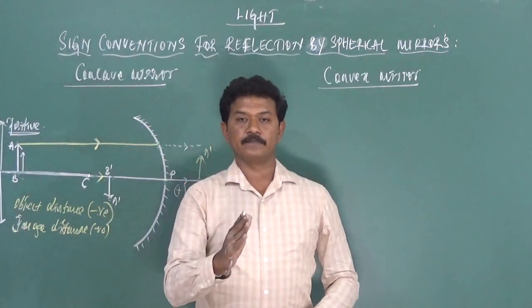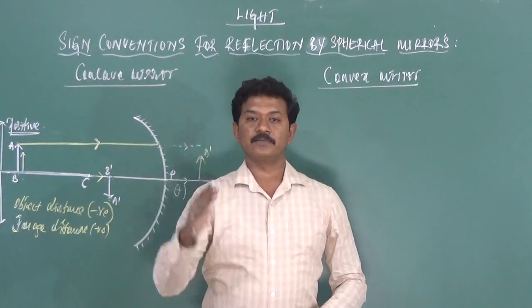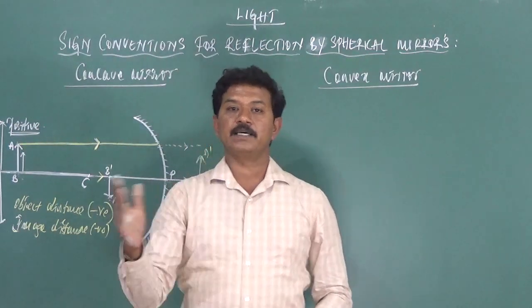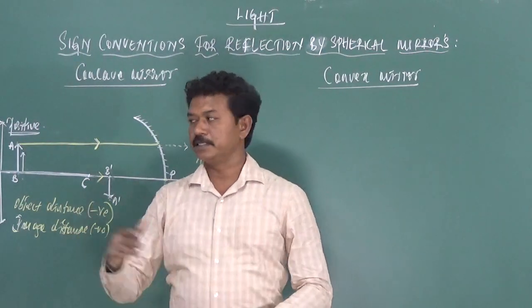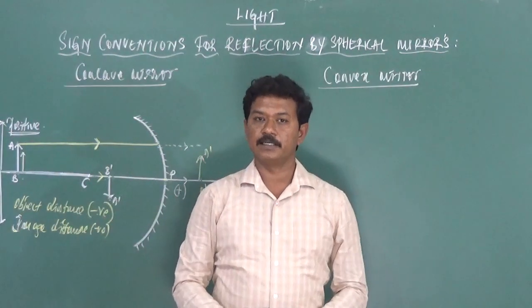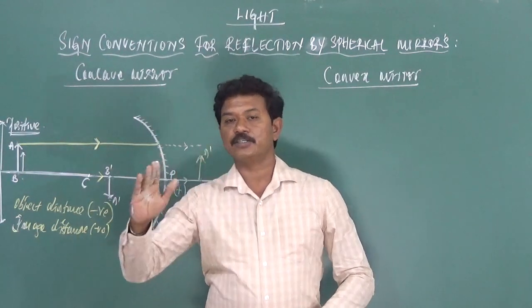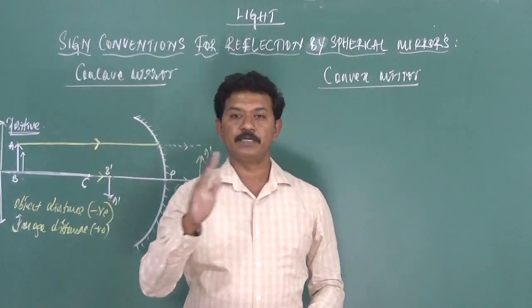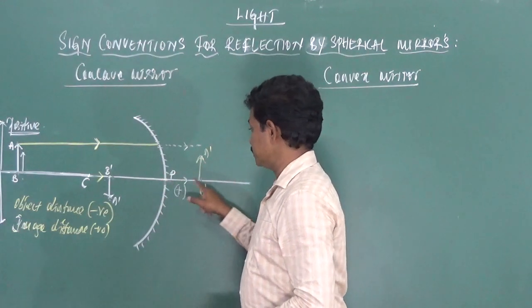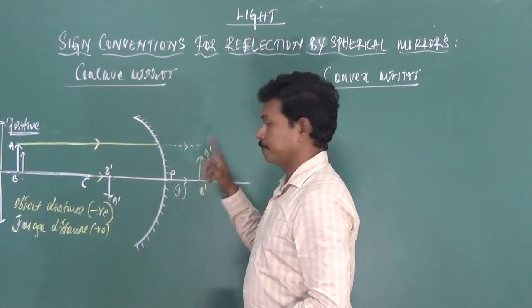If you are measuring a distance in the direction opposite to that of the incident light rays, then that value should be taken as negative. Now, if you are measuring a distance along the direction of the incident light rays, then that should be taken as positive. Here you can see this distance we are measuring in the direction of the incident light rays. Therefore, this distance will be positive.